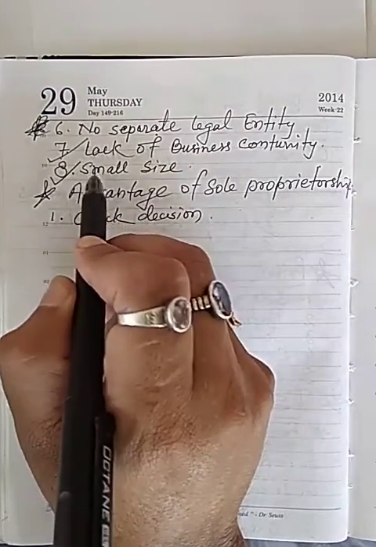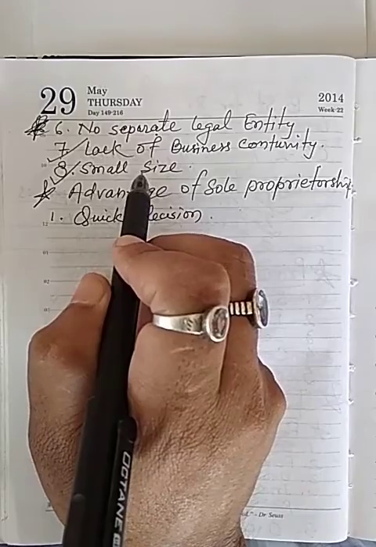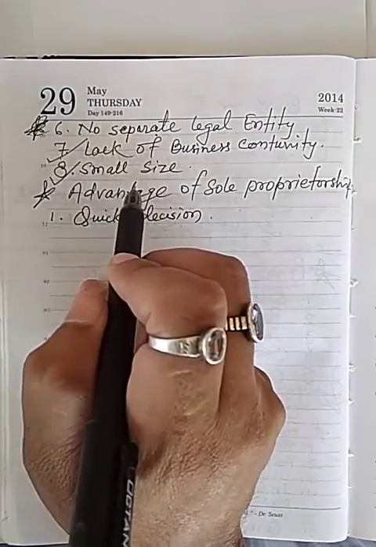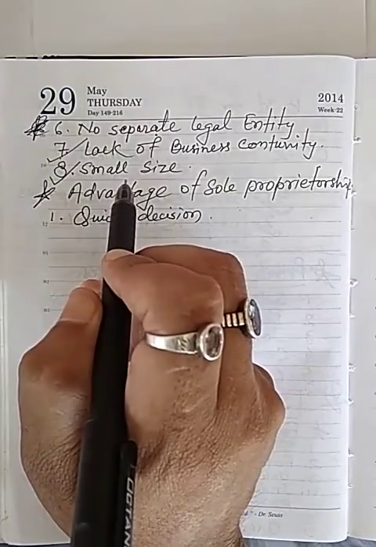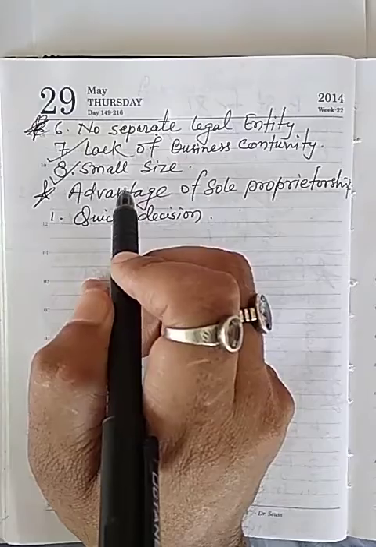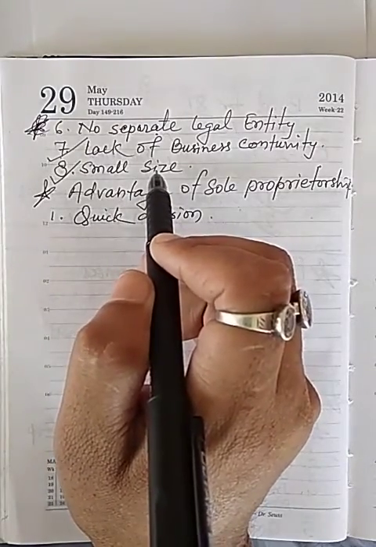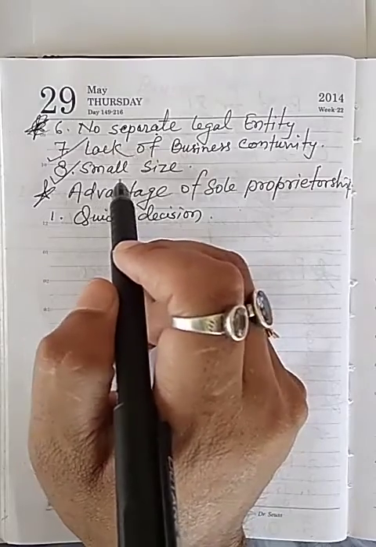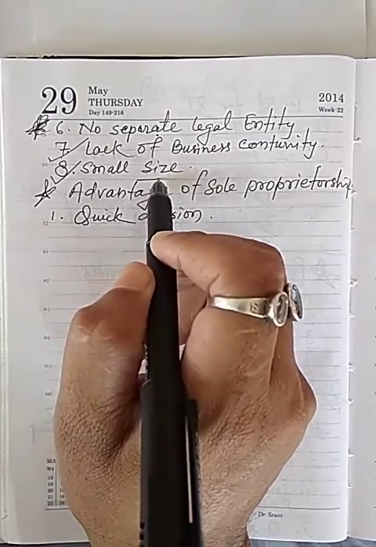Next point is small size. Sole proprietor firms operate on a very small scale, as all the funds are arranged by one person.